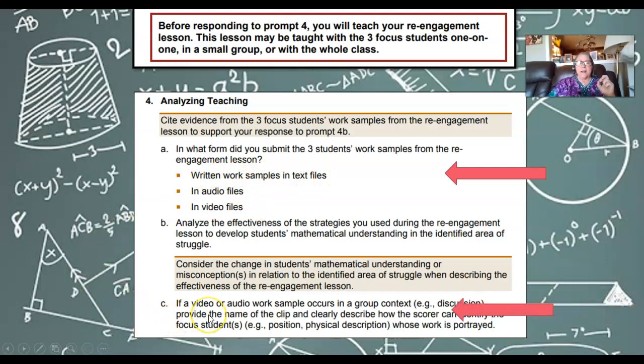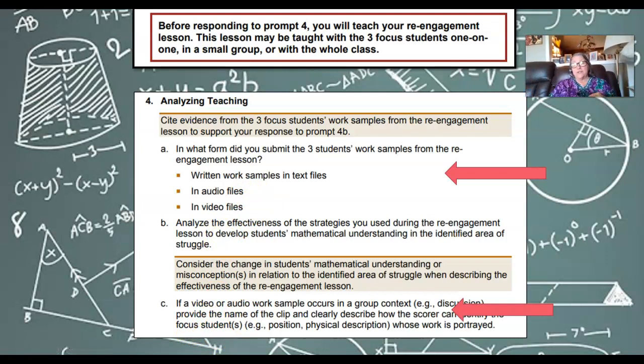And then down here, I never have understood why this question is not coming right underneath. To me, this should be 4B, but it's not. It's down here in 4C. And basically what you want to do is tell, if you did a video sample or an audio sample, how do we know which student is student A, B, or C?